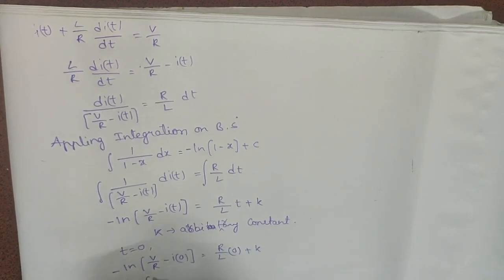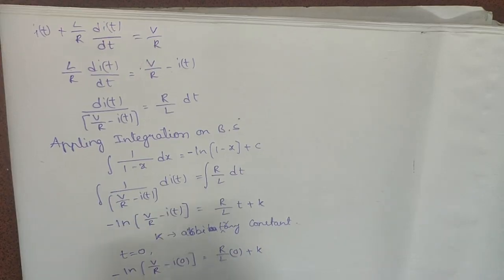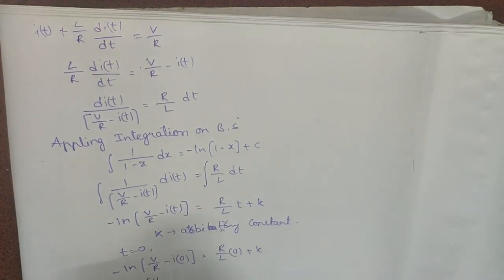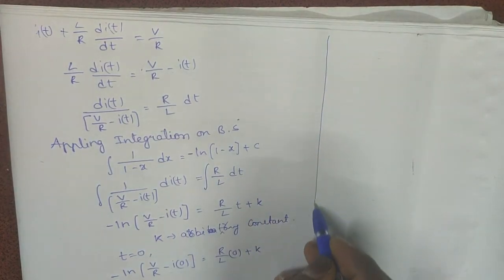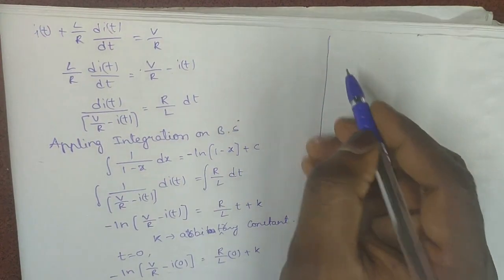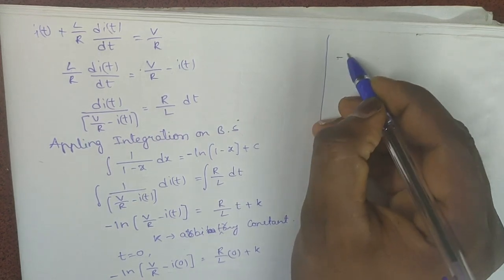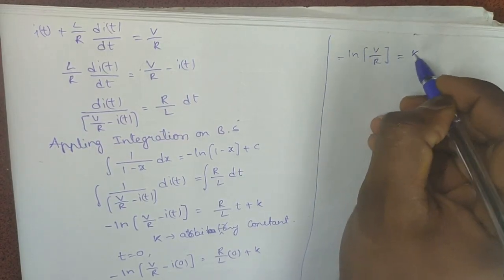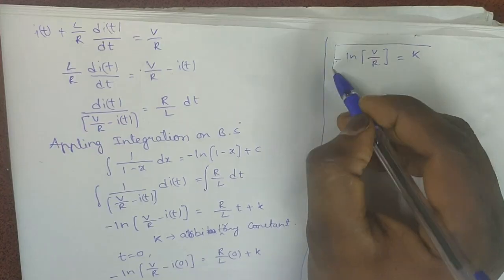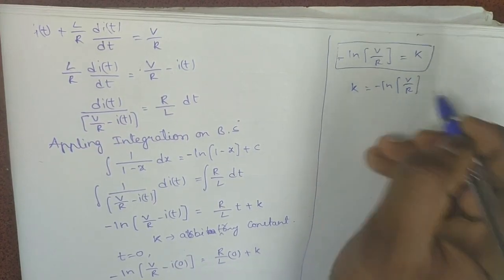So minus ln of V by R is equal to K. That means K is equal to minus ln of V by R.